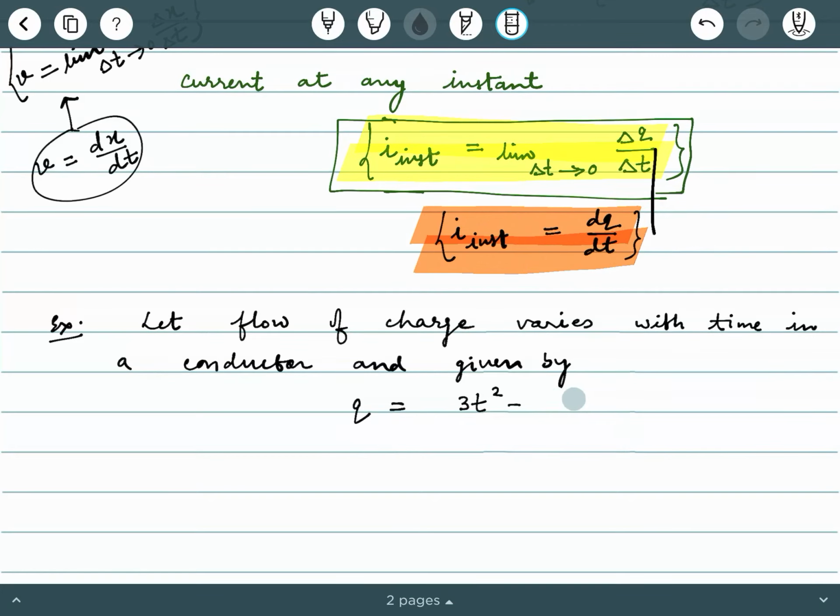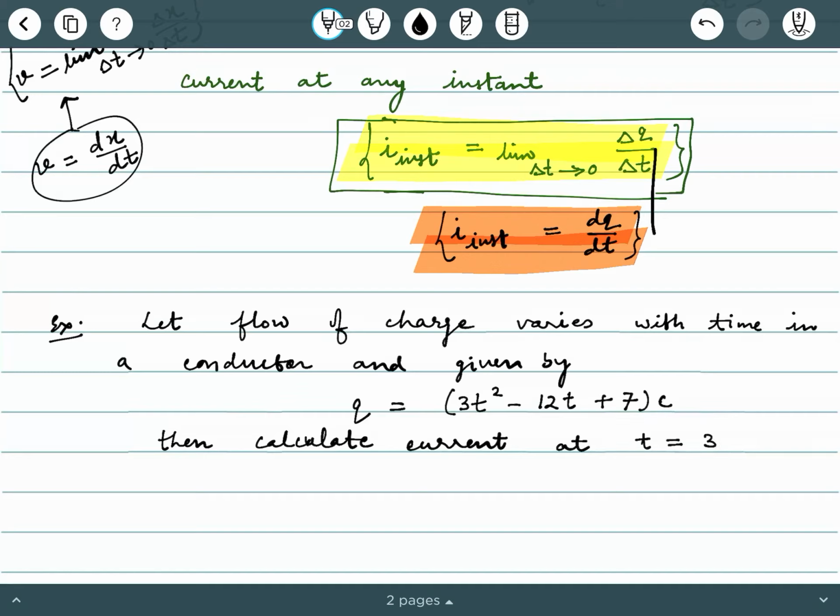For the calculation's sake, I am making it an easier one: 12t plus 7 coulomb, right? This is coulomb. Then calculate current at t equal to 3 seconds. Number 1, for example, or number 2, when current was 0.